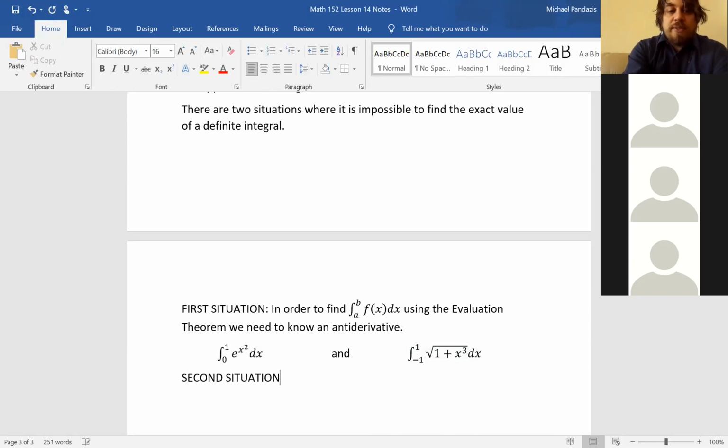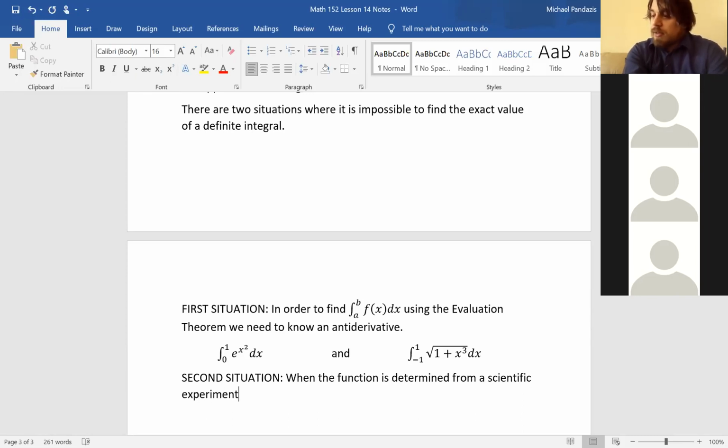Second situation is when the function is determined from a scientific experiment, through collected data.